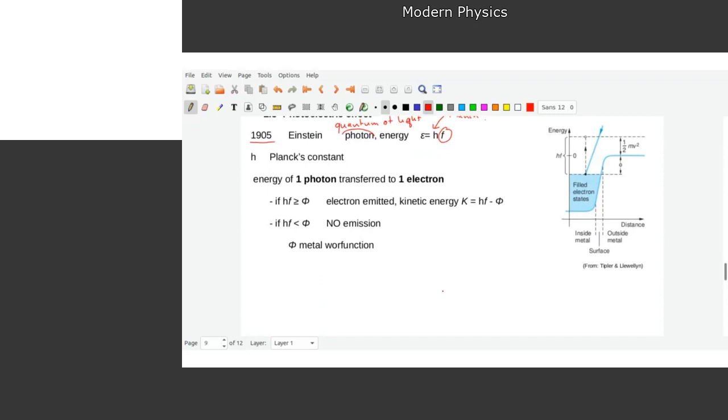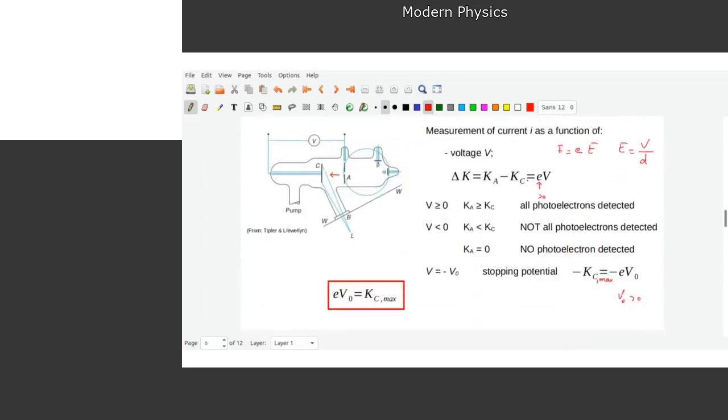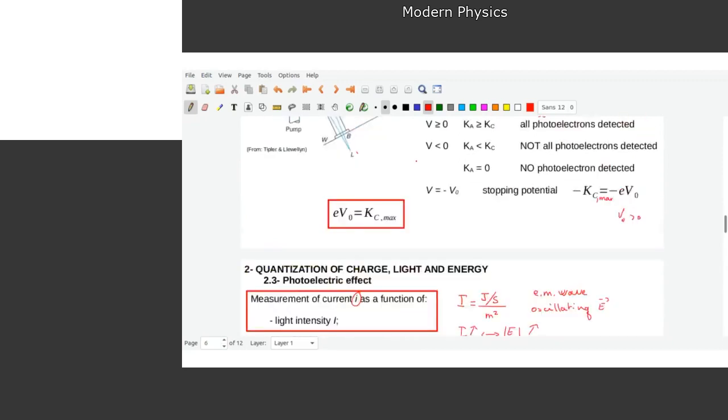So what you have, when you illuminate, going back to this experimental arrangement, okay? You illuminate your material, your metal, with light, and so one photon of the light will transfer its energy to one electron of the cathode, okay?